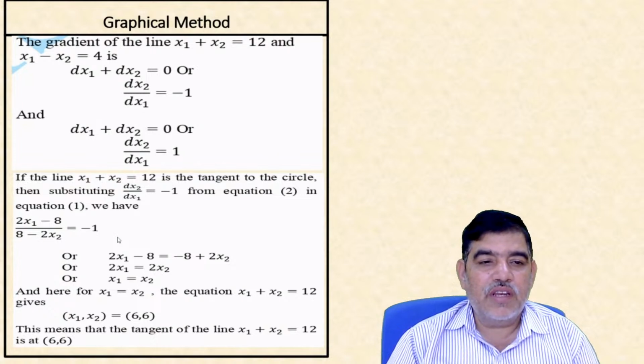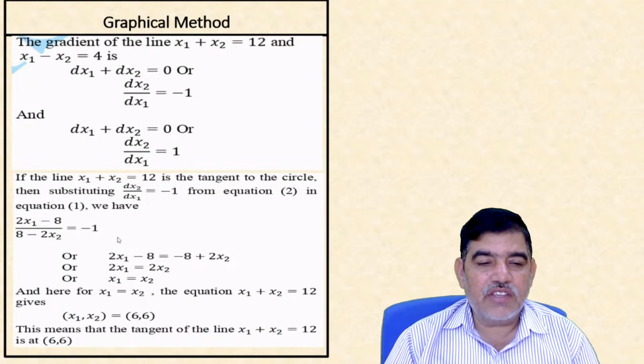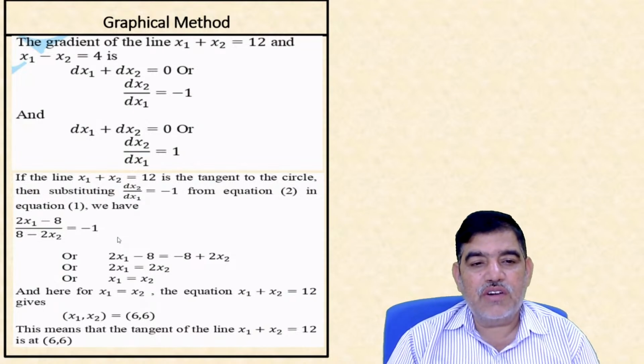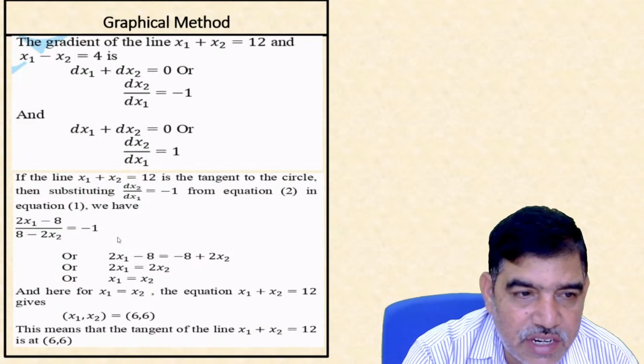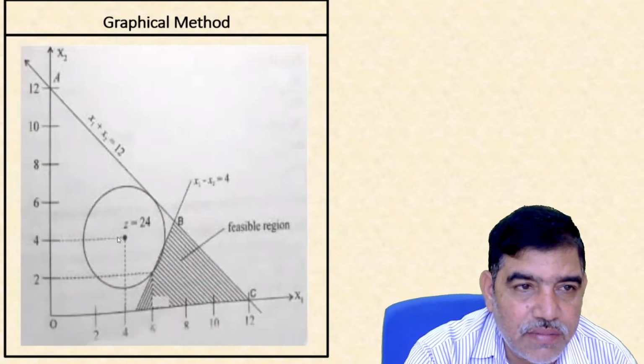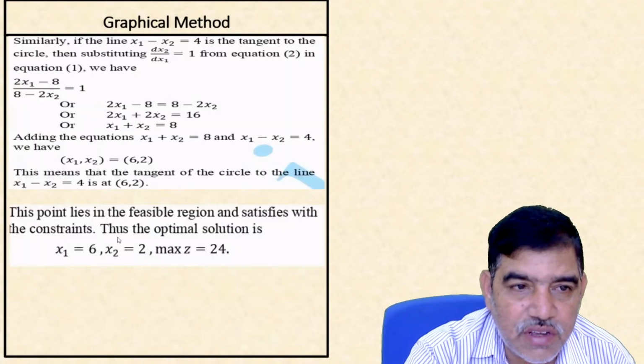That means the derivative of x2 with respect to x1 is positive 1 or negative 1. If the line x1 plus x2 equal to 12 is the tangent to the circle, that is mentioned here.